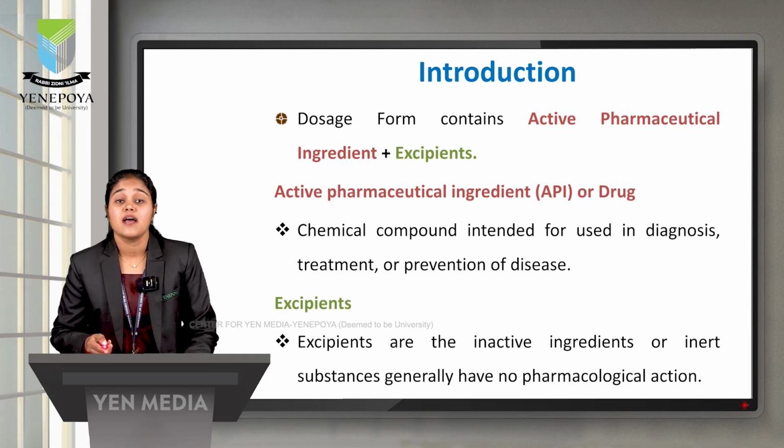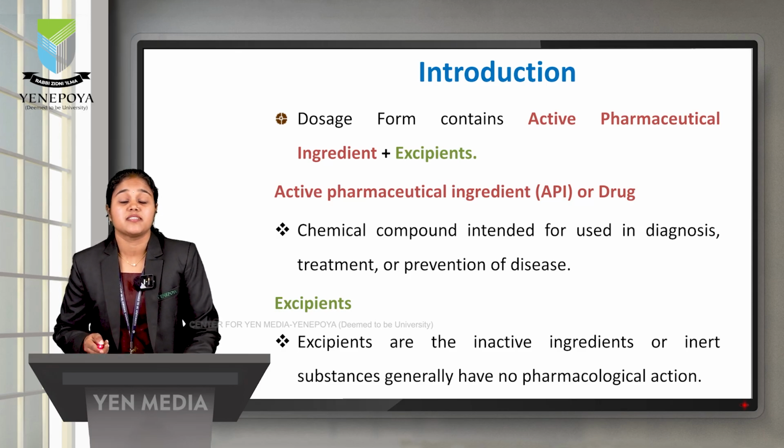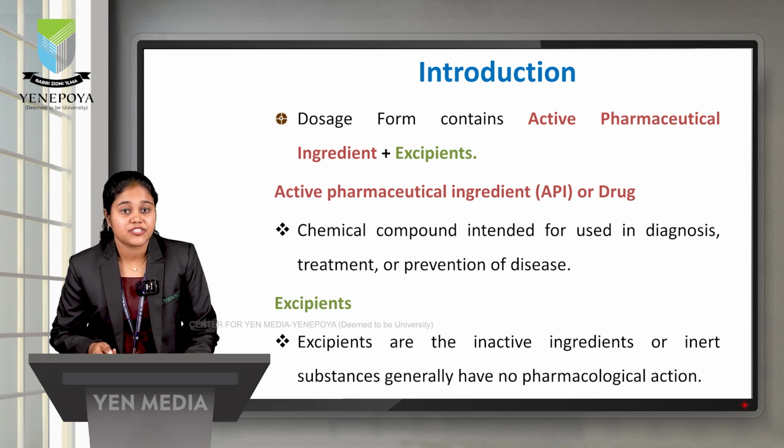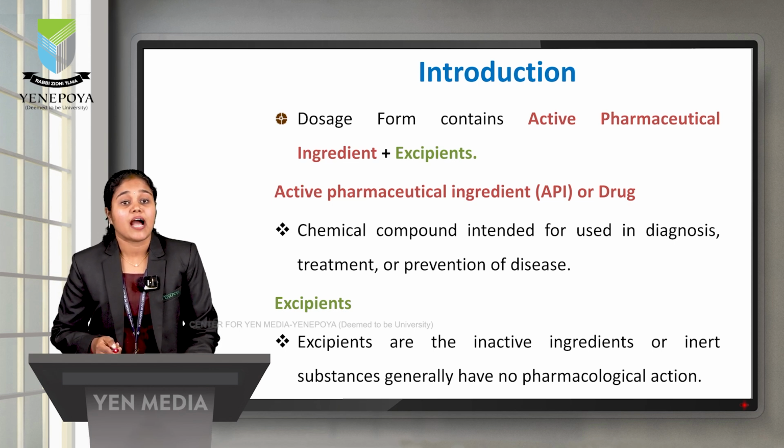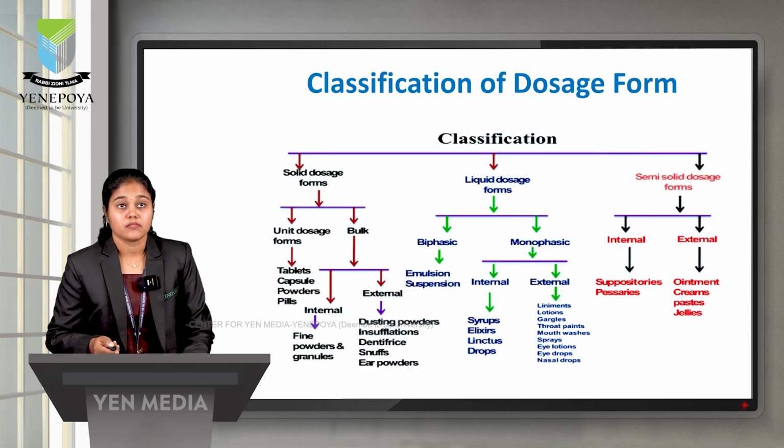This is the main function of the API. It is a drug. Excipients are substances which do not have any pharmacological action, but can be added as a sweetening agent, coloring agent or preservative. They may have other actions, but they do not interfere with the pharmacological actions.